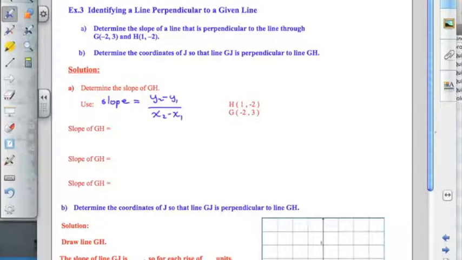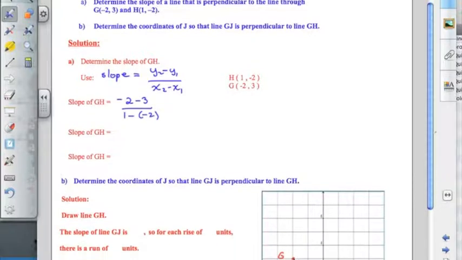So the slope of GH: the change in y is going to be negative 2 subtract 3, over 1 subtract negative 2.